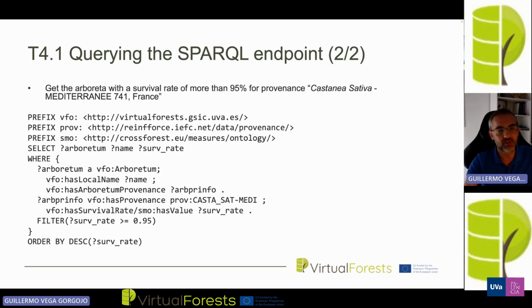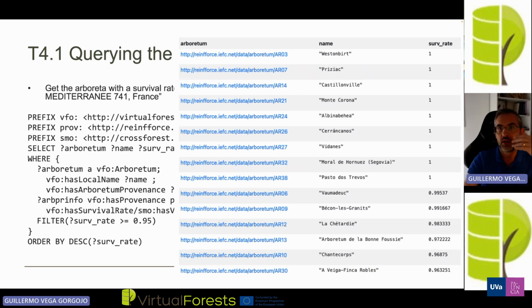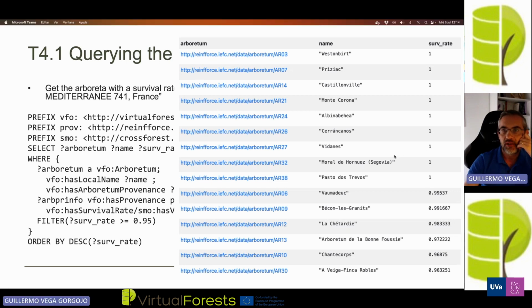I mean, if you know the terms and the query language of SPARQL, you can write it, and then you get this result. In this case, like 15 sites, sorted by the survival rate, and there are different ones, like the one in Moral de Ornez in Segovia with a survival rate of 100%.